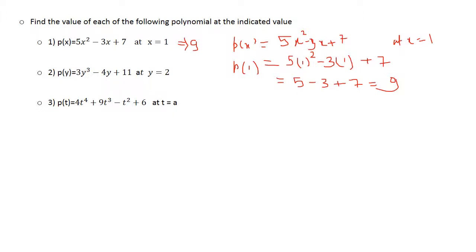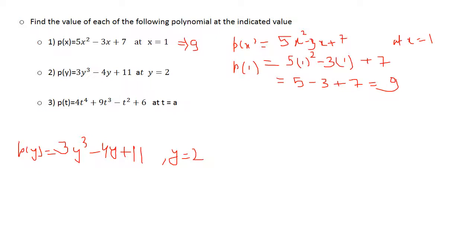Now our next question is 3y cube minus 4y plus 11, P(y). We have to find the value of P(y) at y equal to 2.